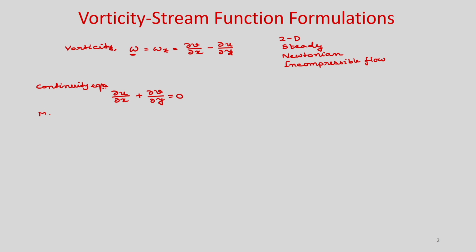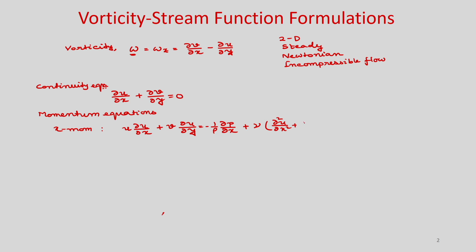And you have the momentum equations. The x momentum equation, steady, is u del u by del x plus v del u by del y equals minus 1 by rho del p by del x plus nu, where nu equals mu by rho is the kinematic viscosity, times del 2 u by del x square plus del 2 u by del y square.